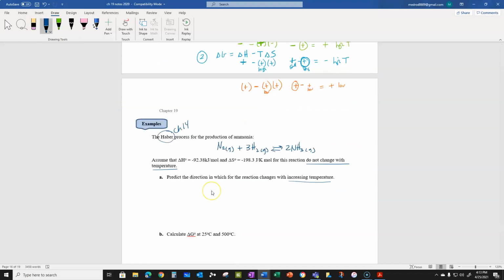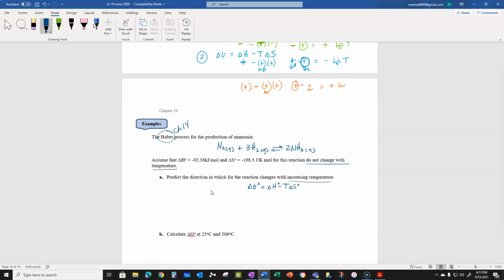Okay? So that temperature right here, making some notes here, temperature is very dependent on that delta G. And so that delta G, you have to use this equation and look at what's going to happen.